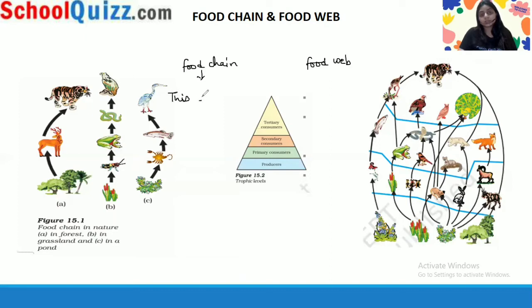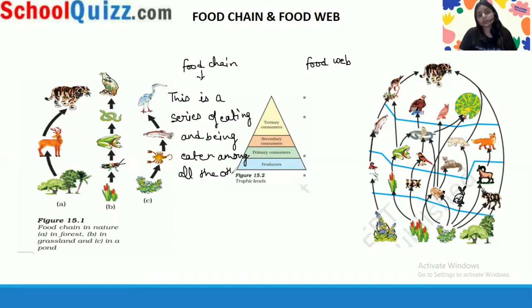This is a series of eating and being eaten among all the other organisms to produce food energy.